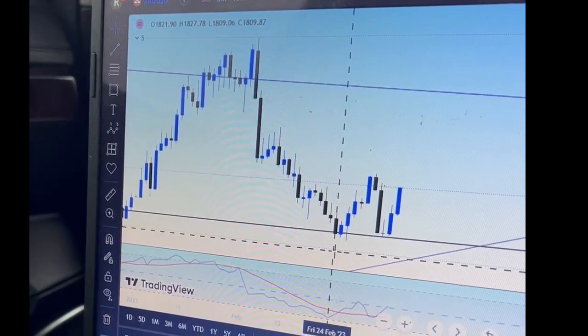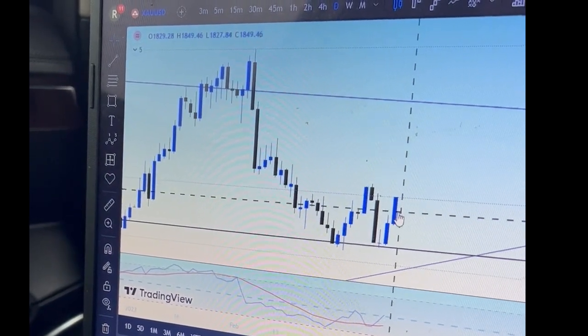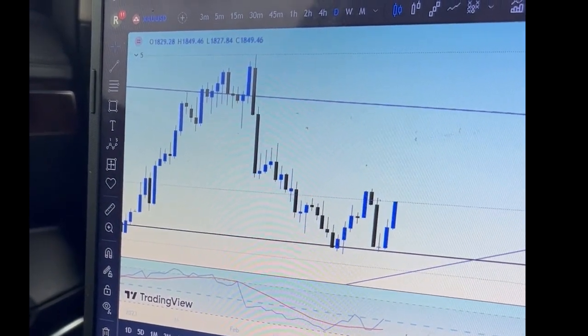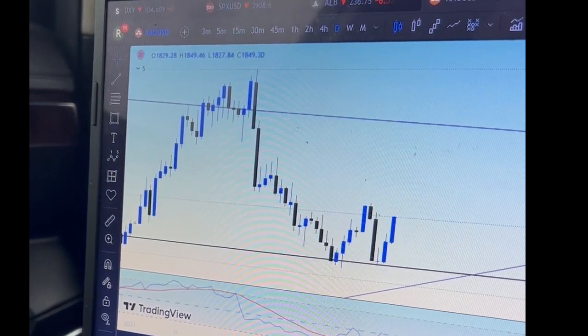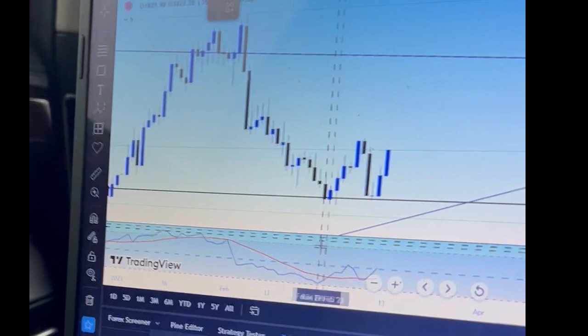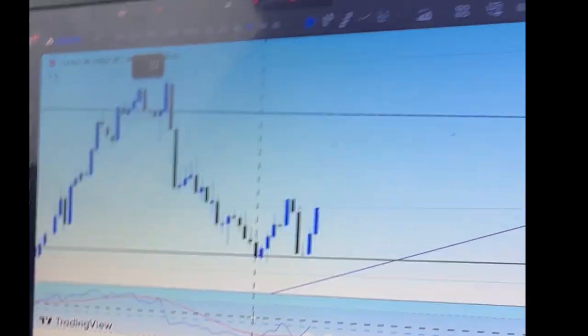Oh, this is a U. So we got an evening star. Let's mark up our evening star right quick on this daily. First, I want to find the neck. So we got an evening star from the top. I'm sorry, morning star. Right, morning.